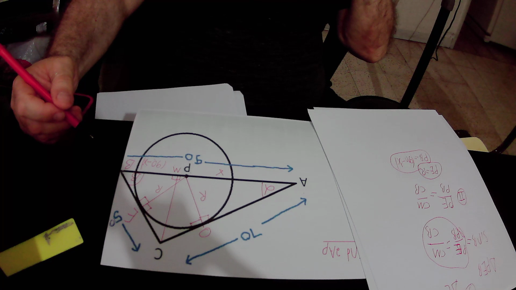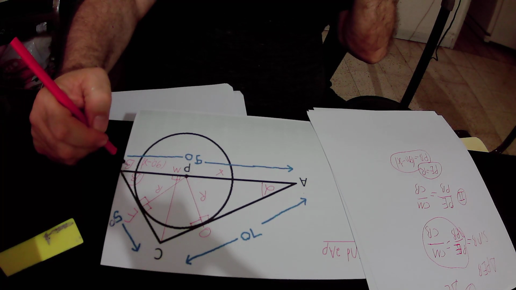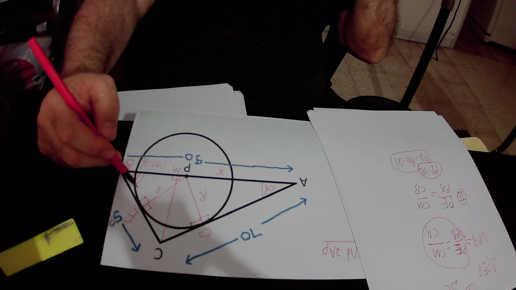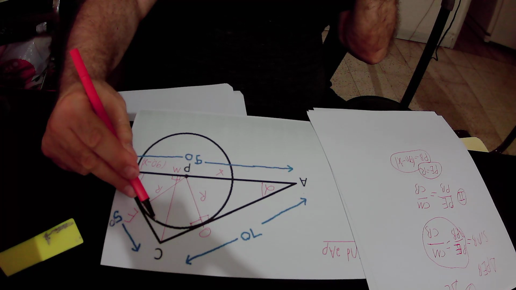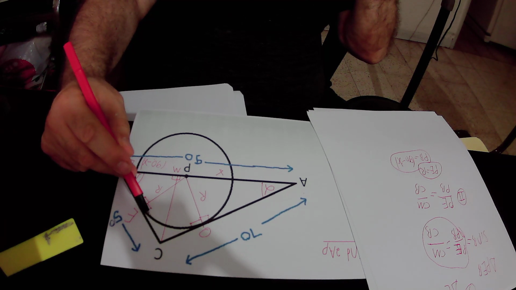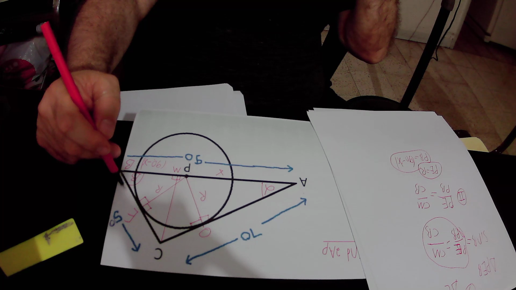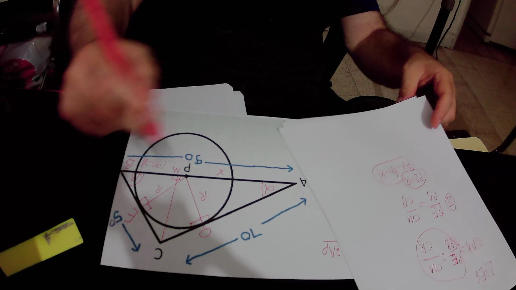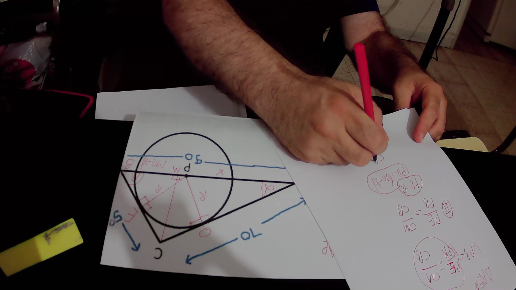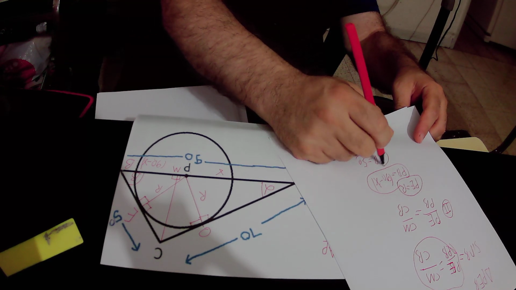And CB is given in the question. We know from the question itself that CB equals 50 units. It is given to us in the question.